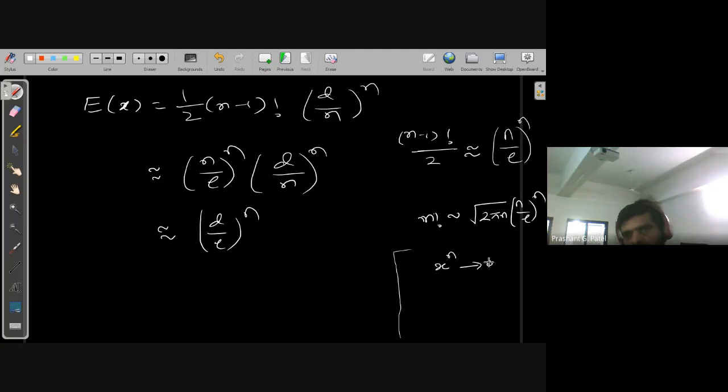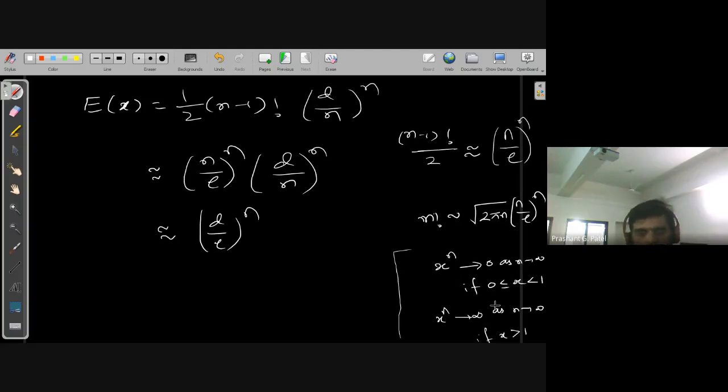This will tend to 0 as n tends to infinity if your value of x is between 0 and 1. This will tend to infinity as n tends to infinity if your value of x is bigger than 1.